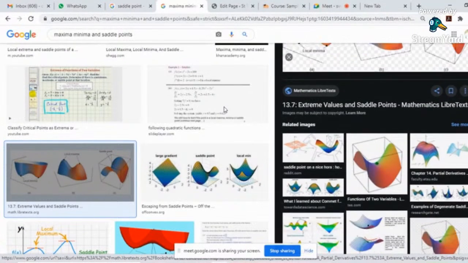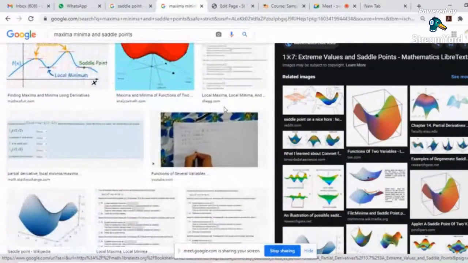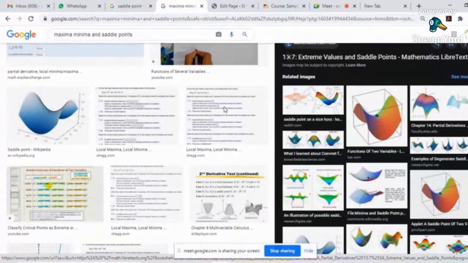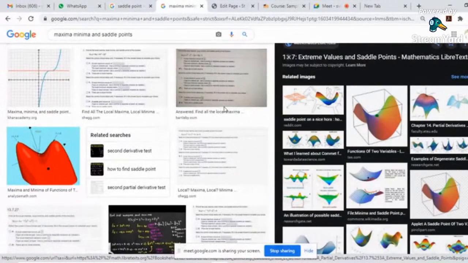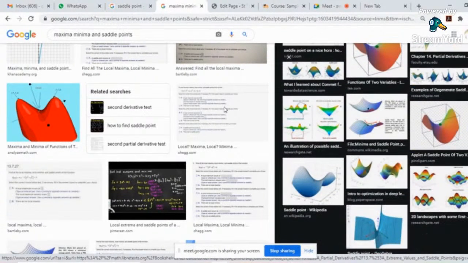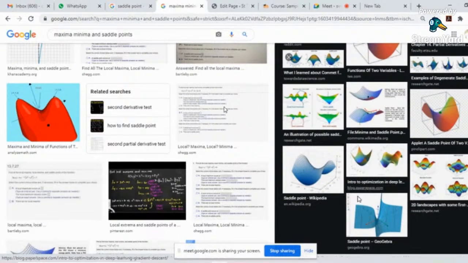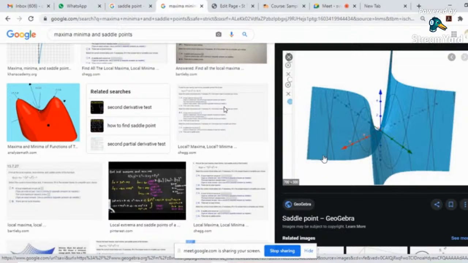Again you can see that this is a point in which it is not maximum, and also it is not minimum. In this case also you can see that this point is neither maximum nor minimum.